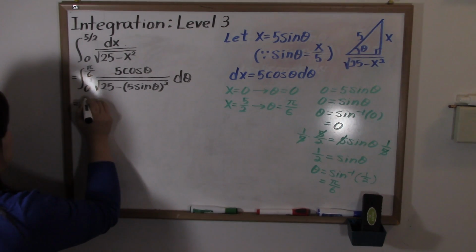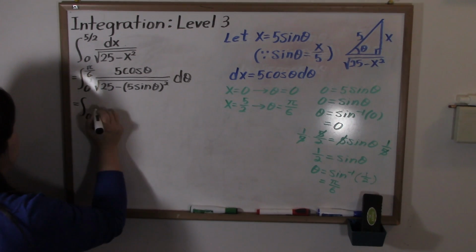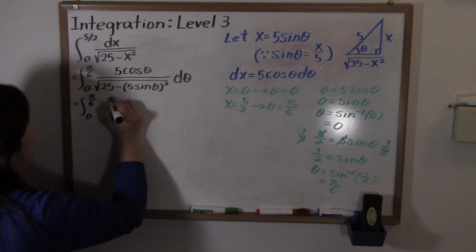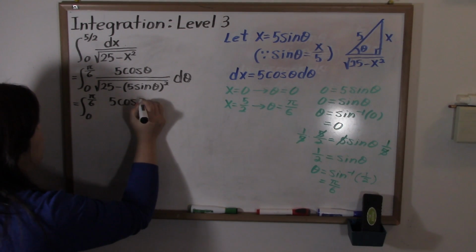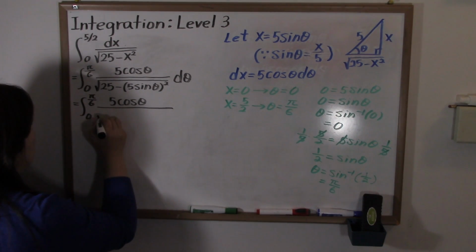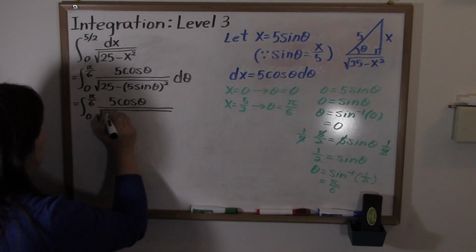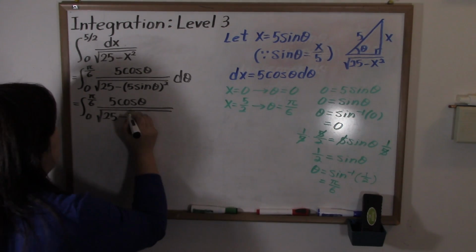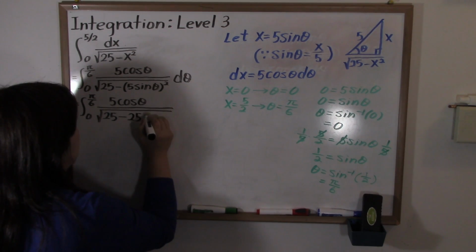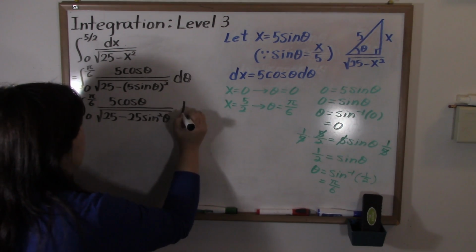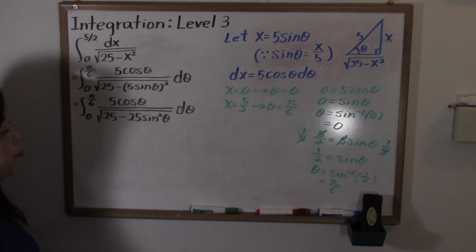It is equal to the integral from 0 to pi over 6 of 5 cosine theta over the square root of 25 minus 5 sine theta squared, which is 25 sine squared theta, and d theta.